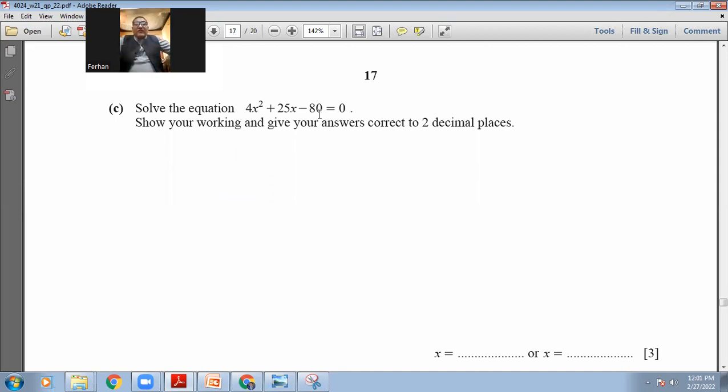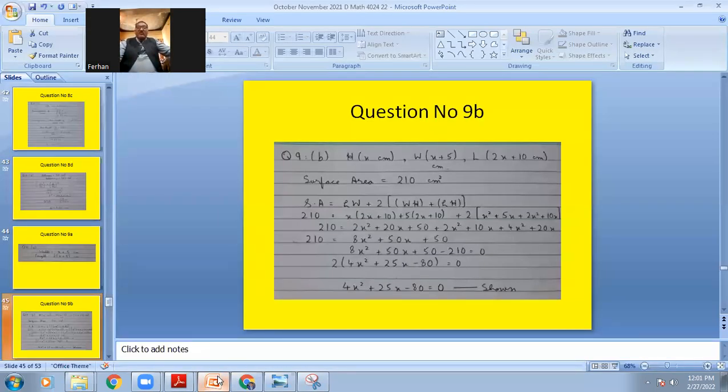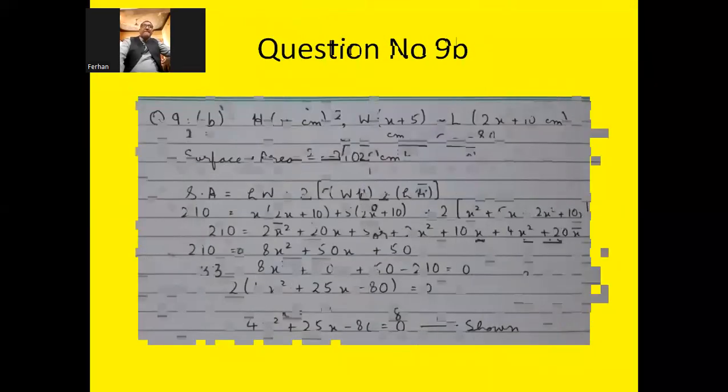The quadratic formula is x equals minus b plus minus under root b squared minus 4ac, and the whole thing divided by 2a. A very simple and straightforward question.